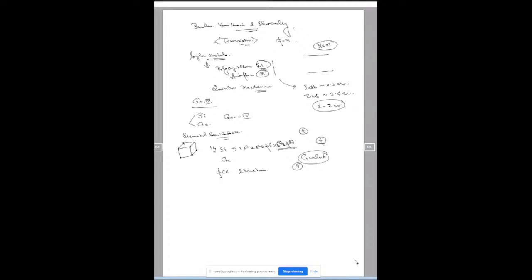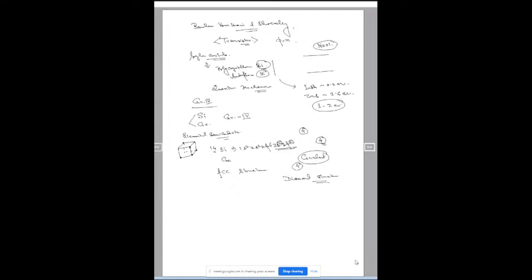And when you have atoms in each face also, that becomes a face-centered cubic structure. And this is a little more complicated than the simple face-centered cubic. It is interpenetrating face-centered cubic structure, which is generally called diamond structure. Both silicon and germanium have a diamond structure, right?